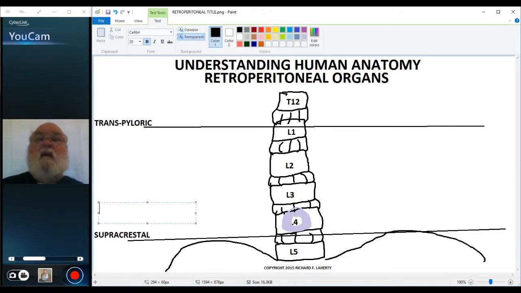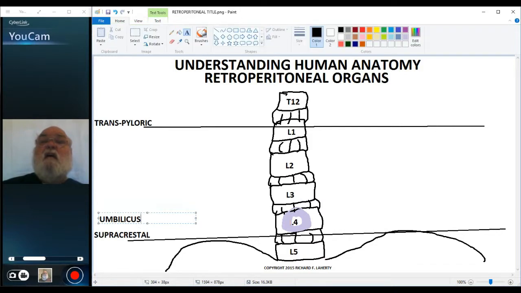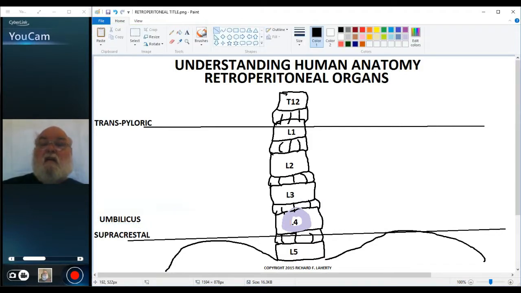The umbilicus, and we'll get the label over to the umbilicus. What we need to remember essentially is that the umbilicus is at the level of L4.